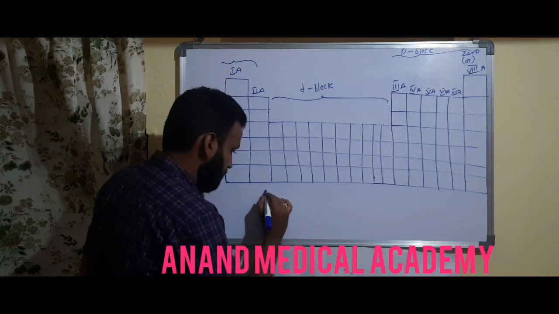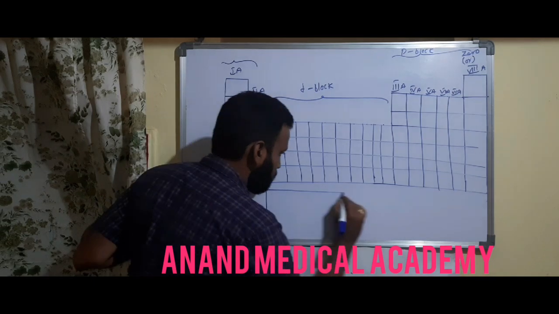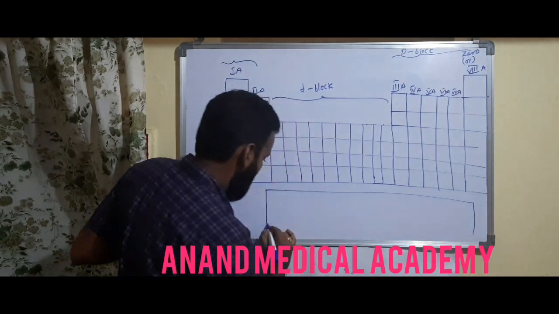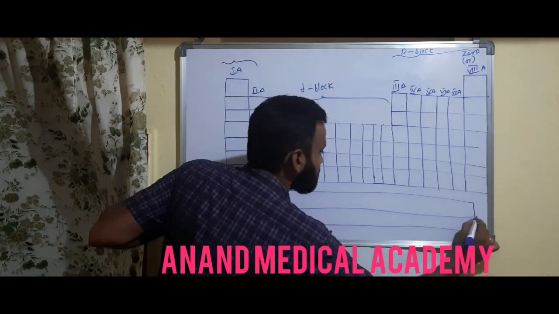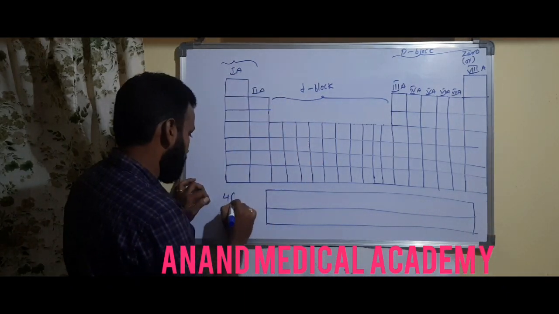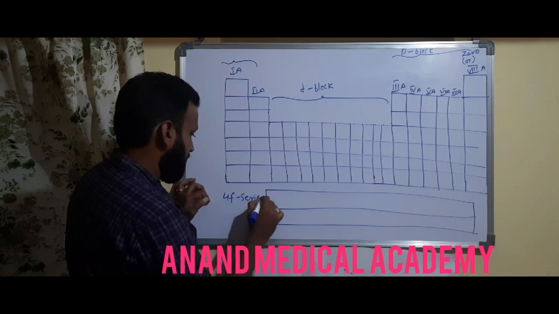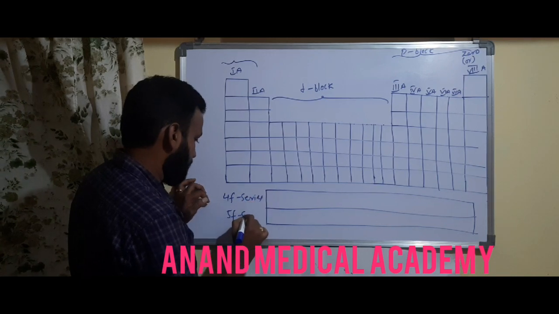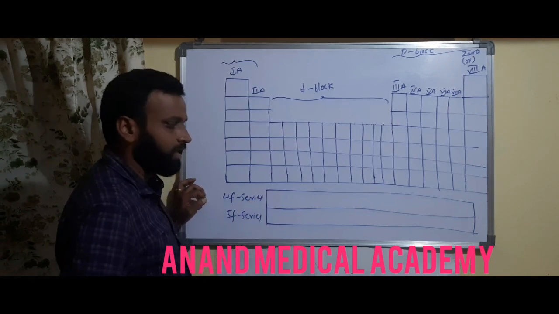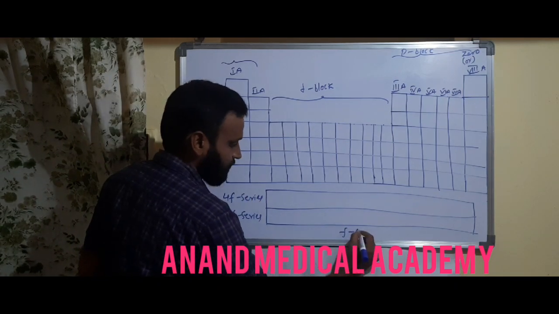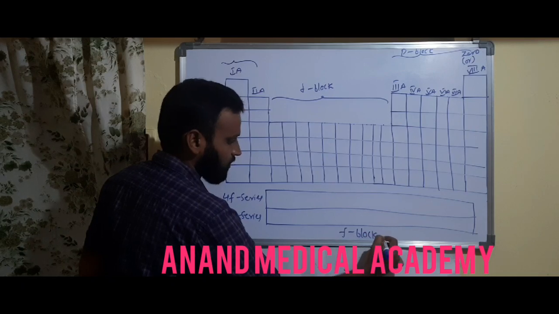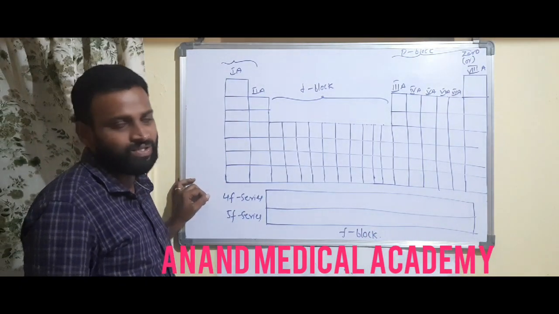At the bottom there are only two series of rows, the 4F series and the 5F series. So these are the F block elements. In total, 4 blocks of elements we discussed in the previous class.